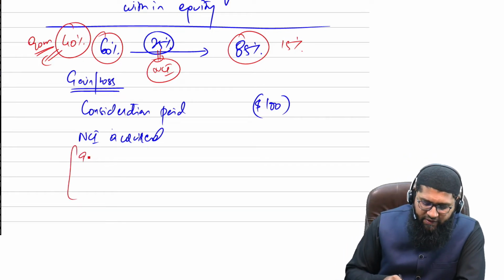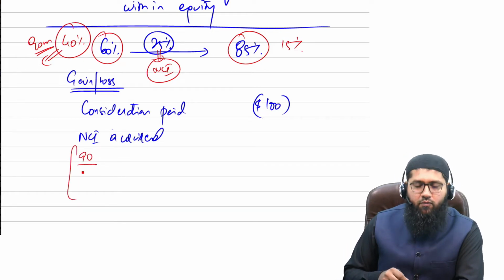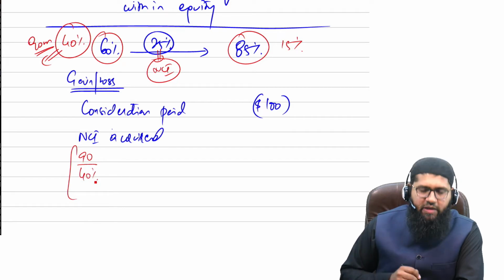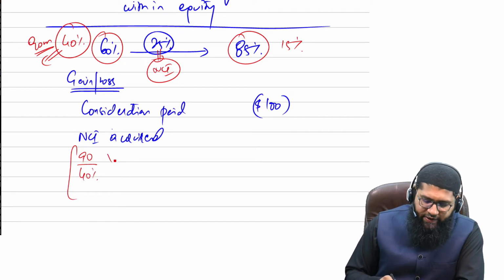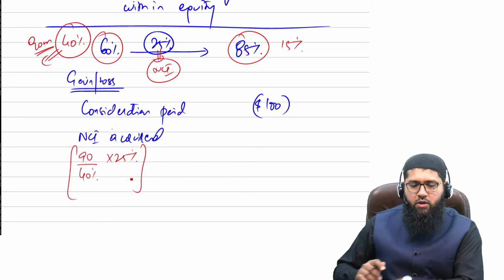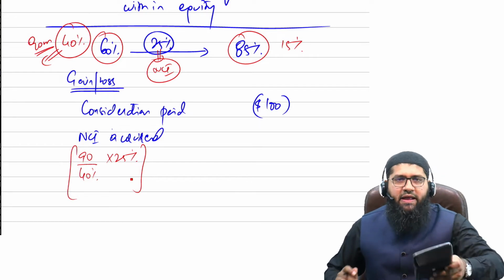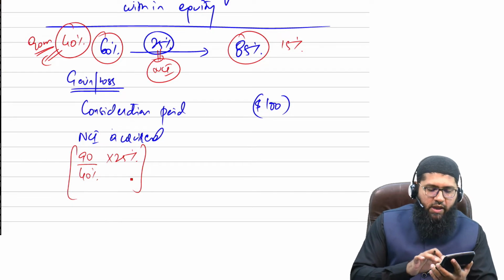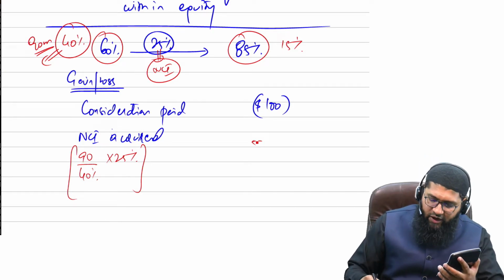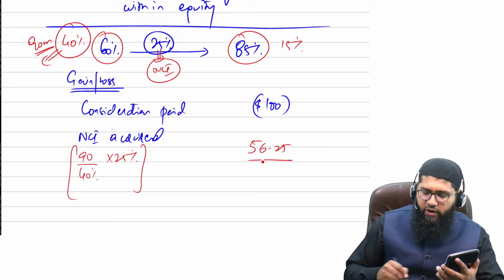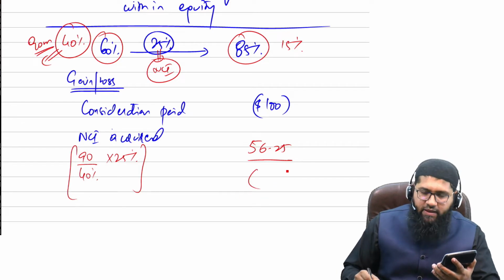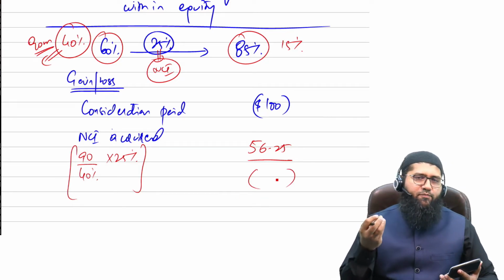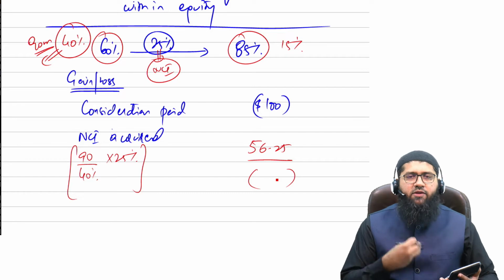So 90 million was the NCI which was representing 40%, and we have acquired 25% out of it. So I repeat, 90 million was the NCI representing 40%, and we have acquired 25% out of it, which is 56.25. Hence, for the 56.25 holding that we have acquired, we have paid 100 million.